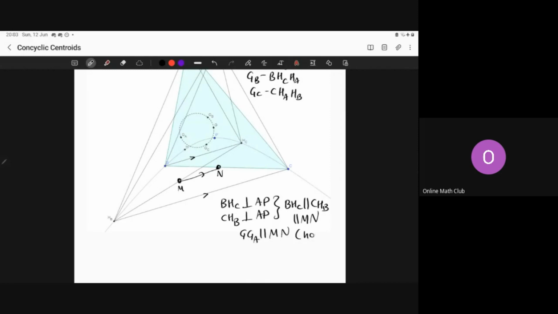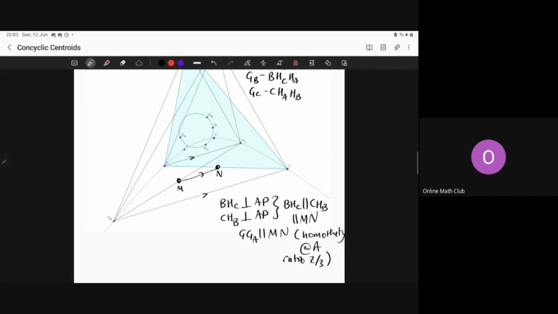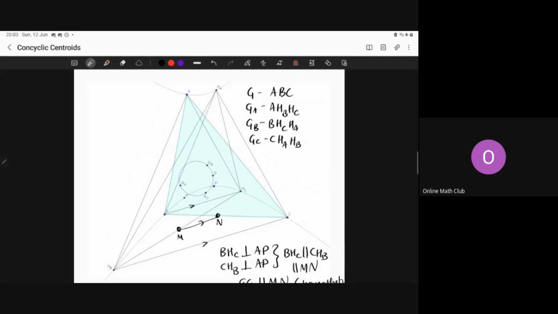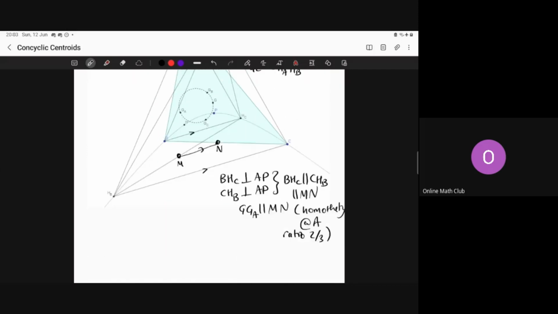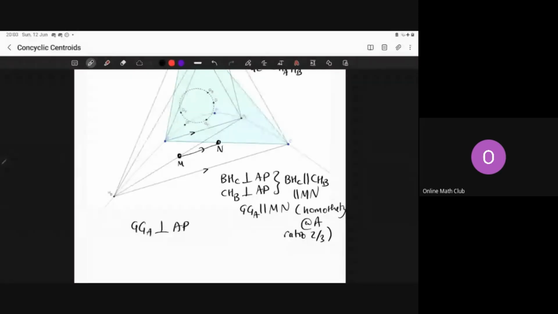Look at the homothety with ratio 2/3. That means GG_A is perpendicular to AP. Similarly, GG_B is perpendicular to BP, and GG_C is perpendicular to CP.